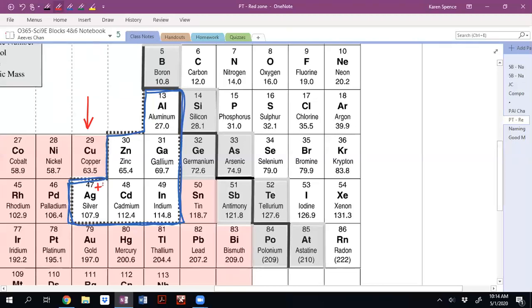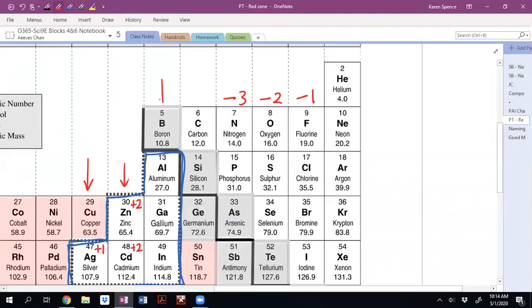Silver is +1. In the column with zinc, there are two elements that are not in the red zone, and their charge is +2. And in the aluminum column, the boron column, there's 1, 2, 3 of them, and they are +3. So again, it's as easy as 1, 2, 3. Like I said, if you can memorize it, that's great. But if you want to write them on your chart so you have them to refer to, that's also okay.